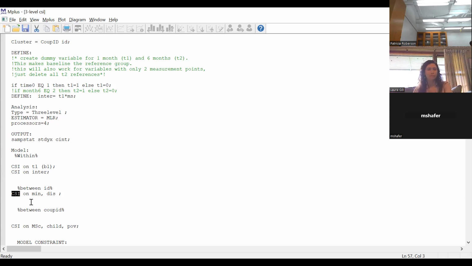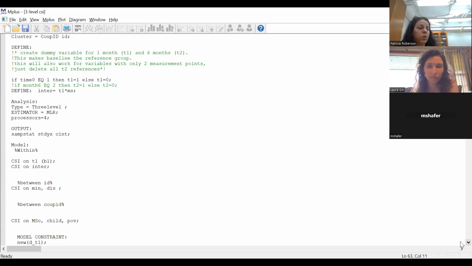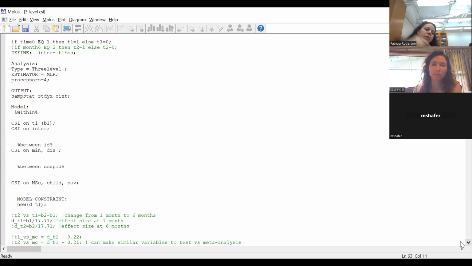This is the change. So we're modeling this here, right? How minority status affects that difference effect, basically. And marital status, parenting status, which is child, and poverty status.